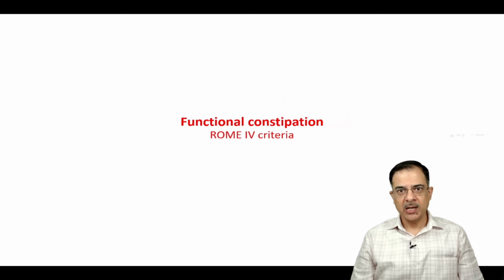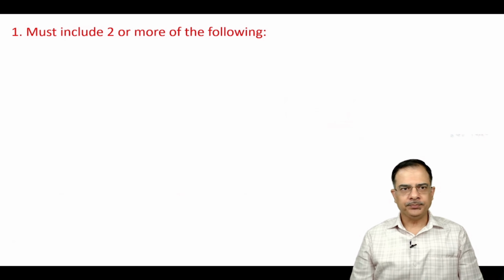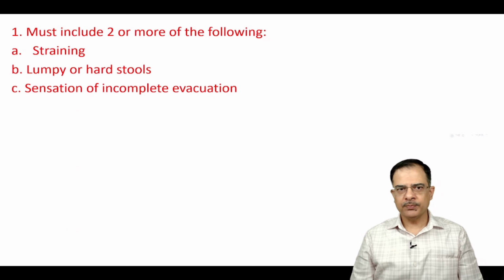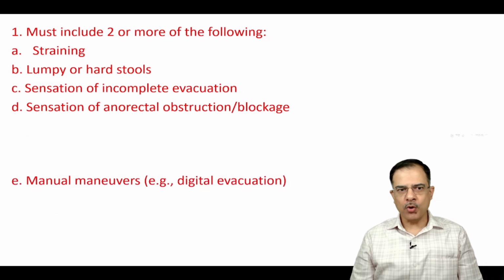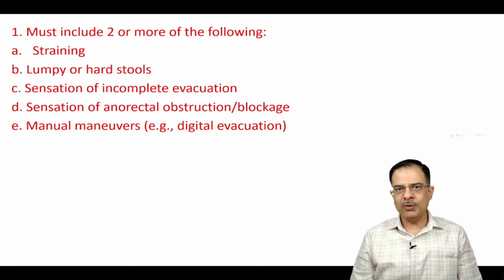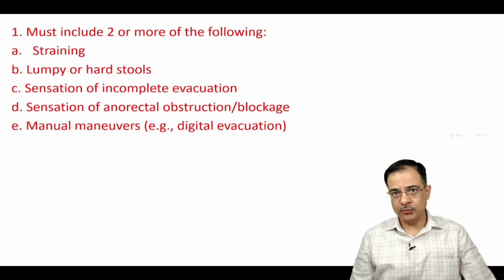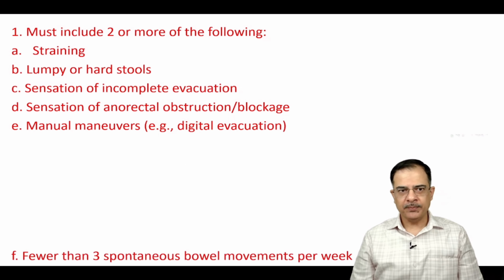Functional constipation is defined by the Rome 4 criteria, which include two of the following features: straining, lumpy or hard stools, sensation of incomplete evacuation, anorectal obstruction or blockage, manual maneuvers, like a patient has to take out the stool manually, a digital evacuation.